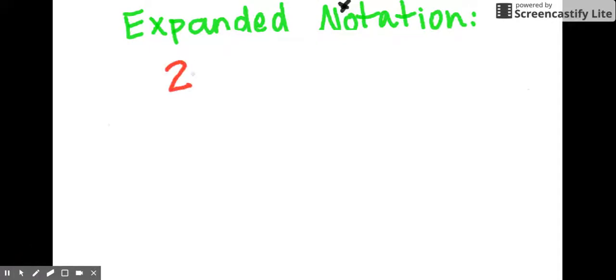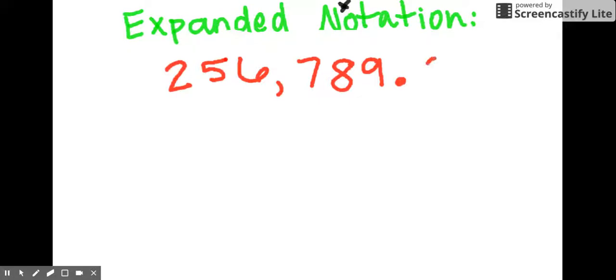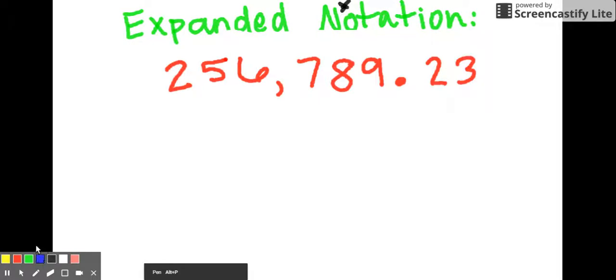Okay, the next one that we're going to do is a bigger number. Let's try 256,789, and let's try 2 decimal digits, 23 hundredths. You guessed it, we need to put our place value chart.